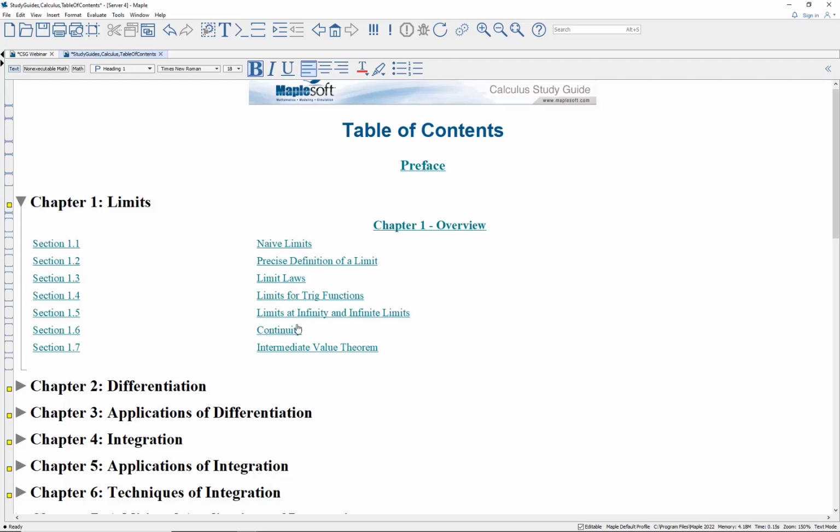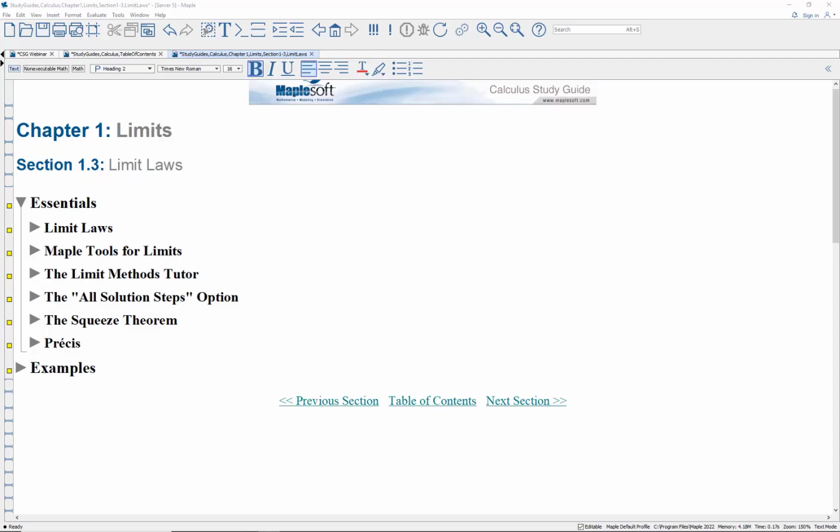infinity and infinite limits. Now you can talk about continuity and the intermediate value theorem. So just to take a look at what one of these sections might be like, let's try limit laws. There are two parts to each of the sections: essentials and examples.